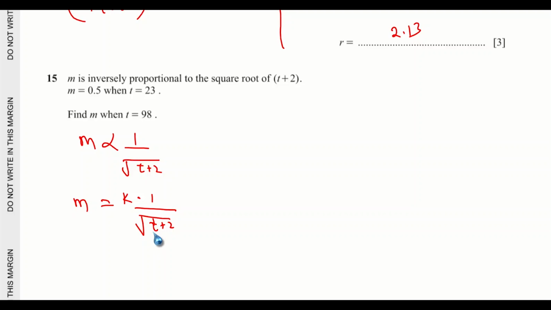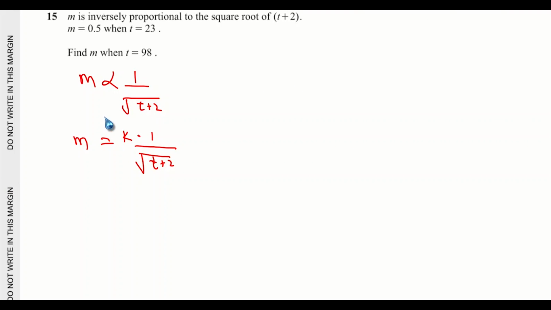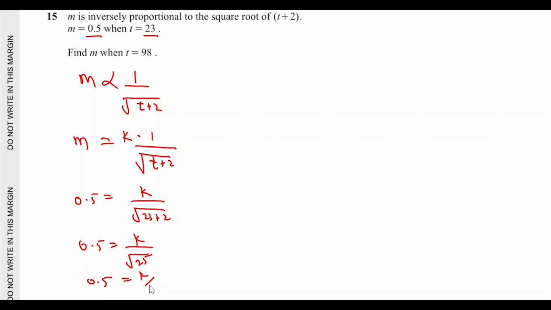Then you can substitute the values, m equals 0.5 and t equals 23. This gives us 0.5 equals k over the square root of 23 plus 2, so 0.5 equals k over the square root of 25. So 0.5 equals k over 5, and k equals 0.5 times 5, which is 2.5. So the value of k equals 2.5.